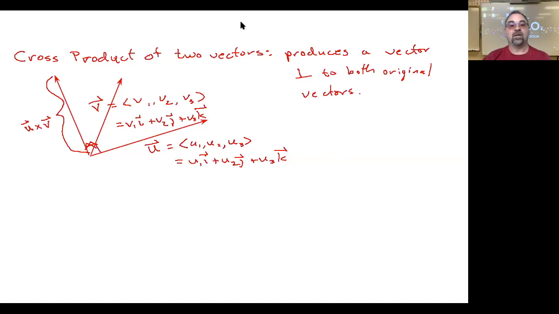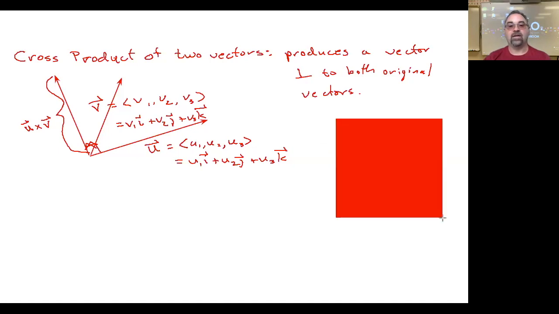So, if this is the plane that contains u and v, then your new vector is going to pop out of that plane either this way or into the plane going the other direction.